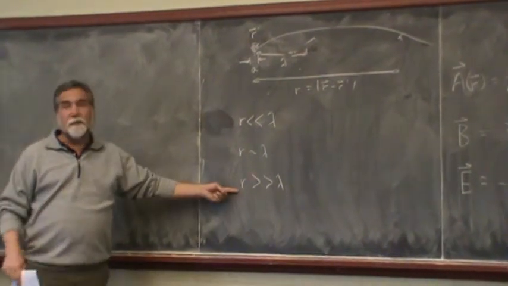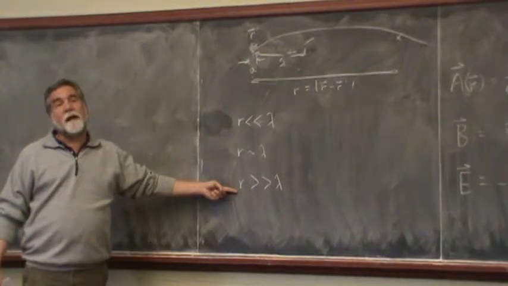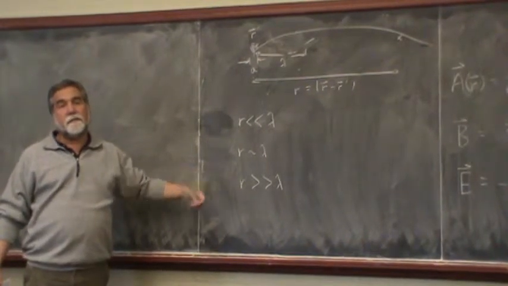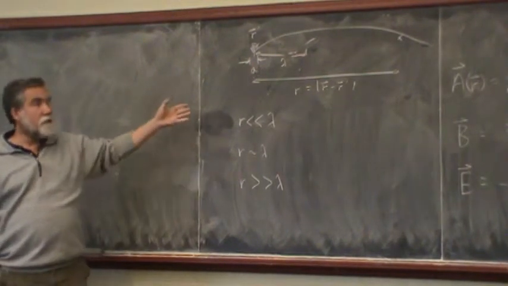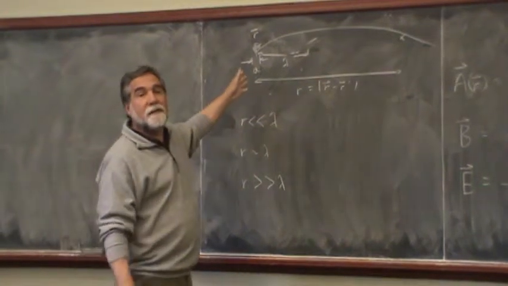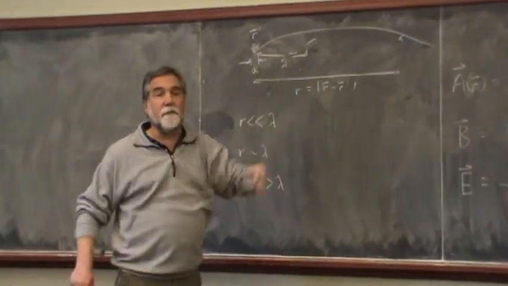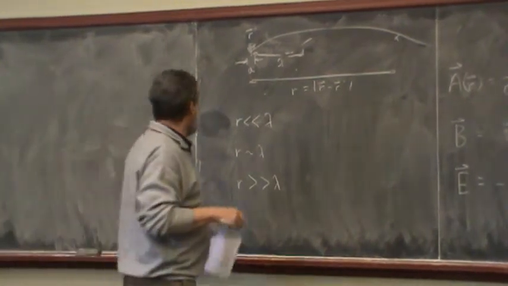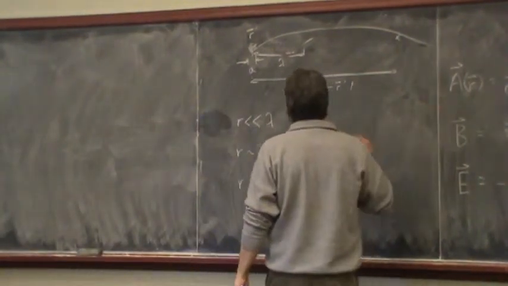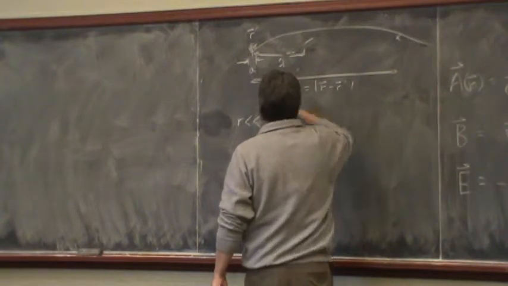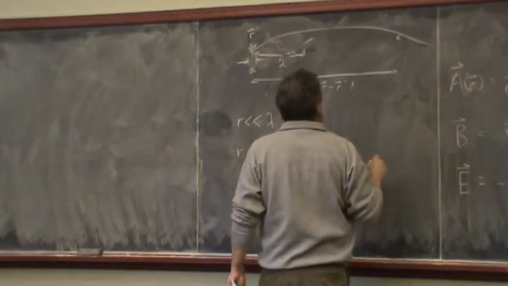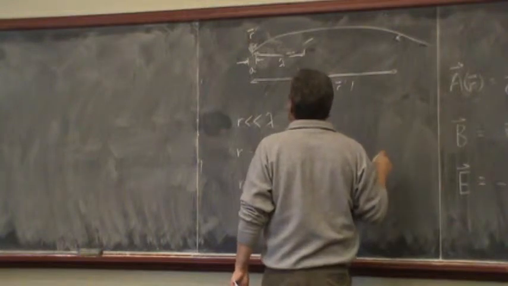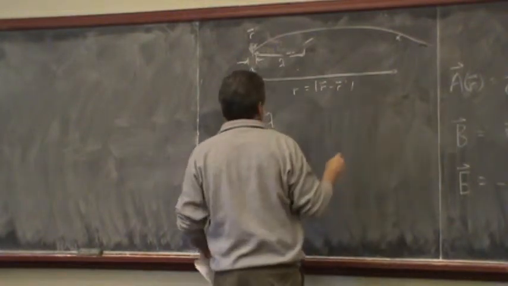This might correspond to an atom emitting light, for example. The wavelength of the light would be several thousand times or million times smaller than the distance of observation. And then I have my conditions with respect to A and lambda, and A and R. They're all going to be related to one another.